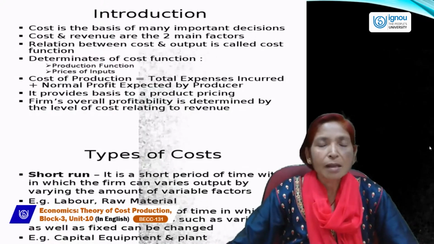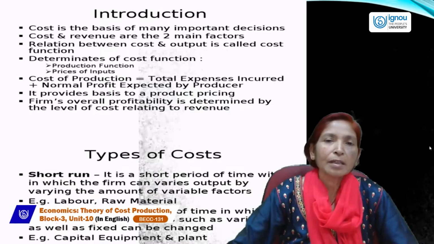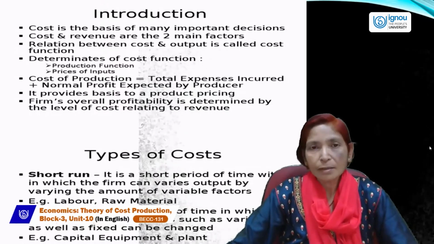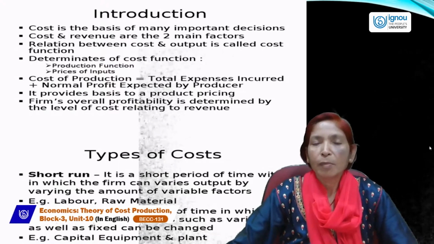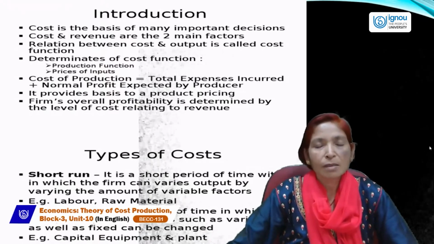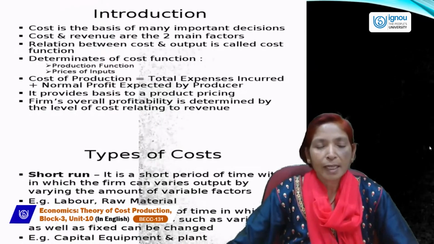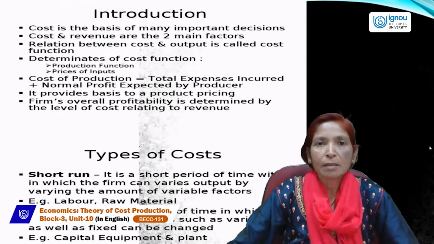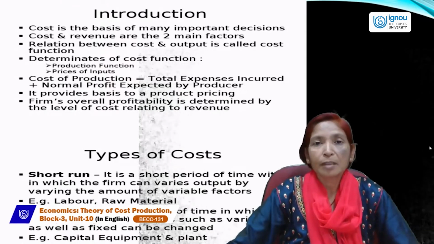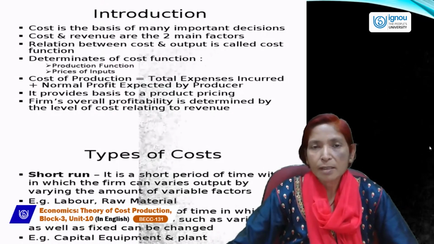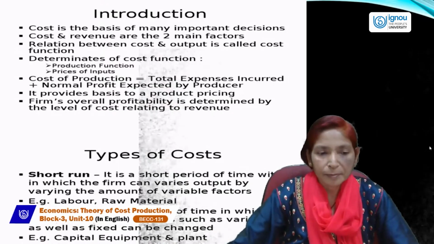Like land is a fixed factor, capital is a fixed factor, but labor is a variable factor, raw material is a variable factor, fuel is a variable factor, and all factors except the fixed factors we can change in short run.